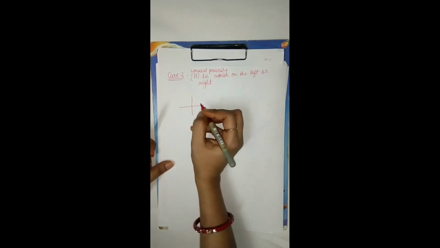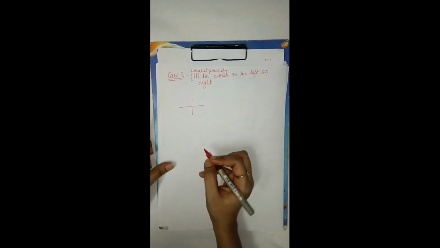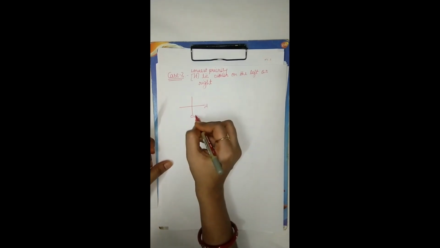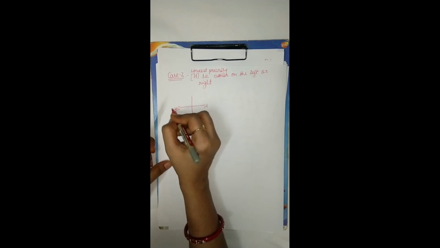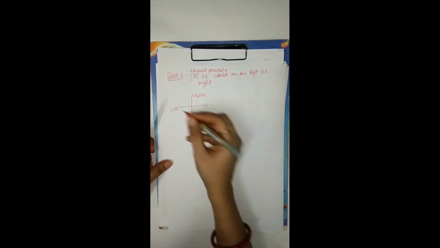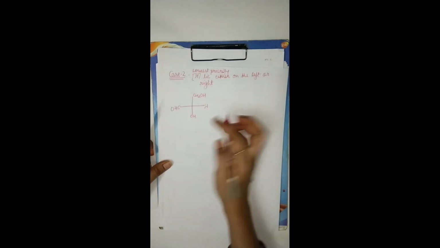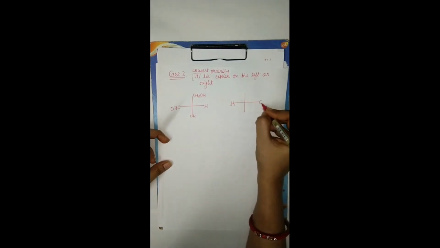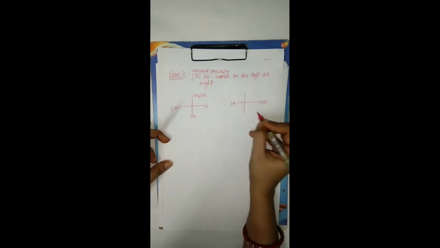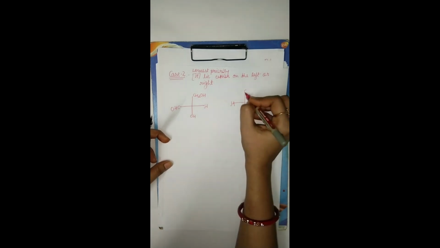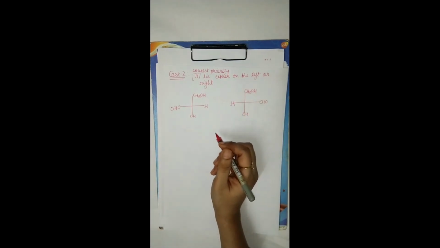If we have H, OH, CHO, I am taking the same example. If H lies on the right, then what do you have to do?